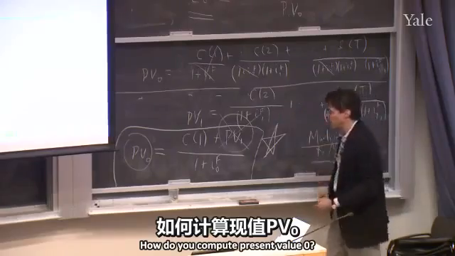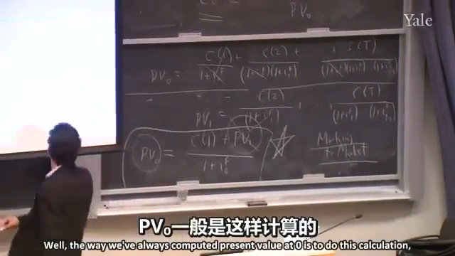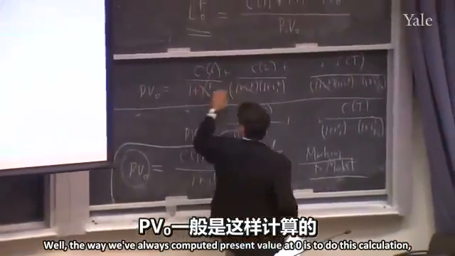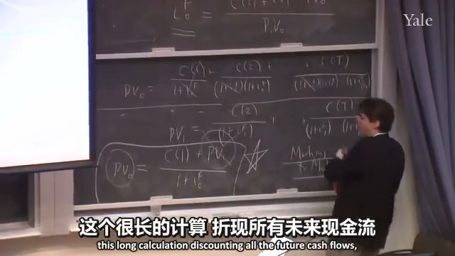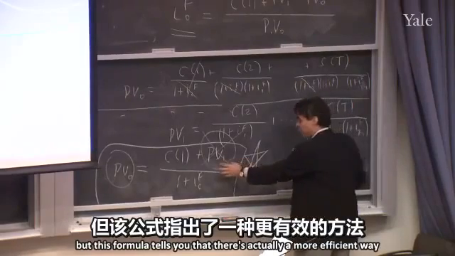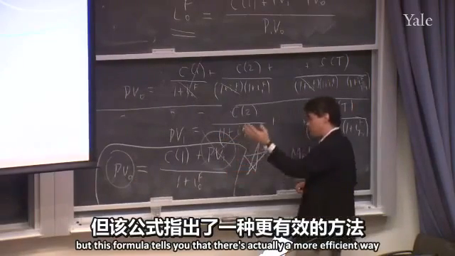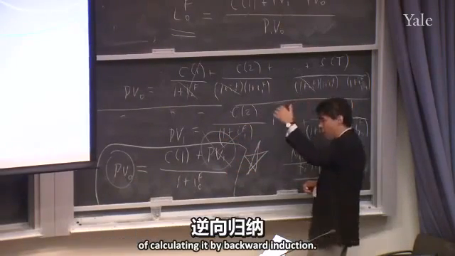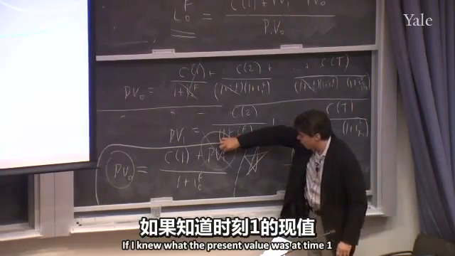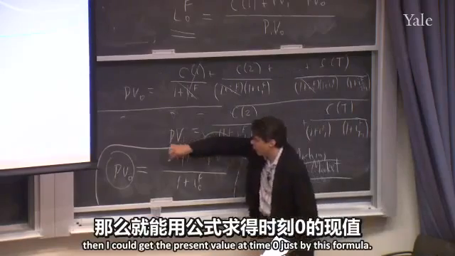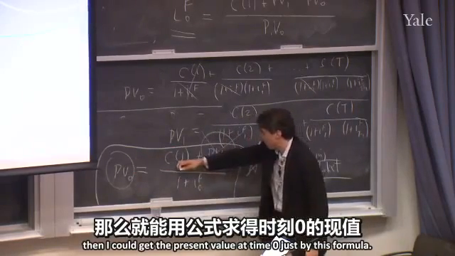How do you compute present value 0? Well, the way we've always computed present value at 0 is to do this long calculation, discounting all the future cash flows. But this formula tells you that there's actually a more efficient way of calculating it by backward induction.